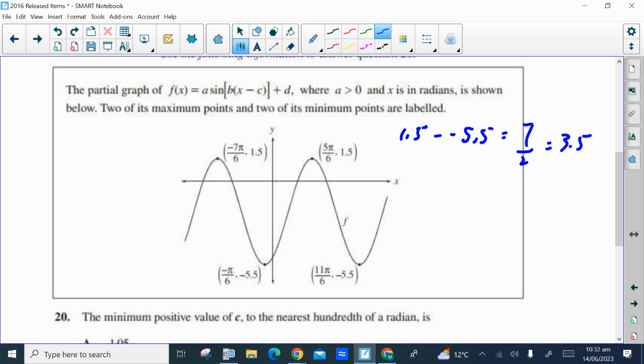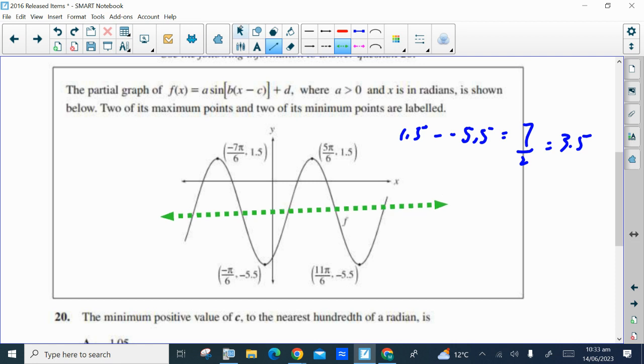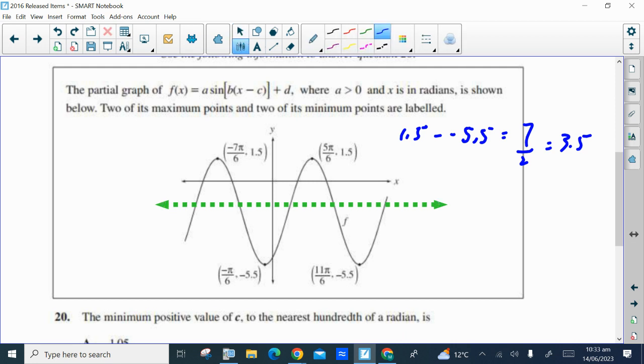So if we go 3.5 below the max or 3.5 above the minimum, we'll be at the middle. So if we start at negative 5.5 and we add 3.5, that should take us to negative 2. That's where our middle is. So we can kind of guess where that will be, approximately right there. And this is a d value of negative 2.